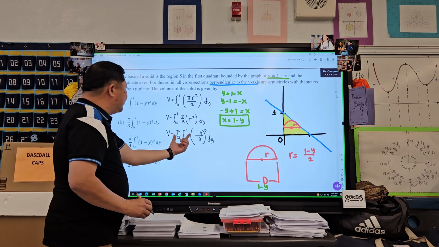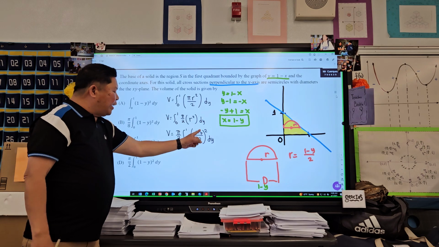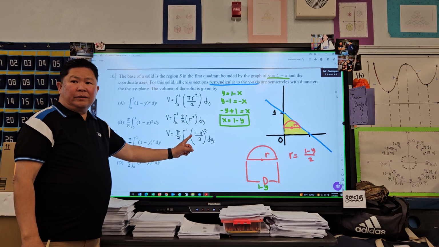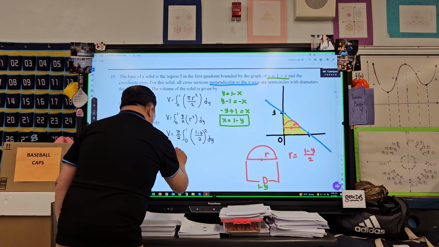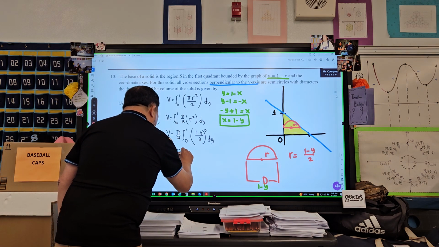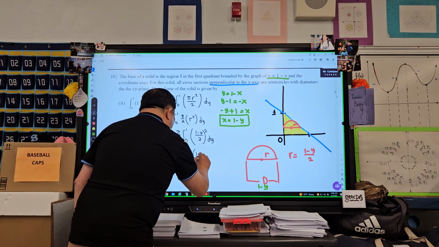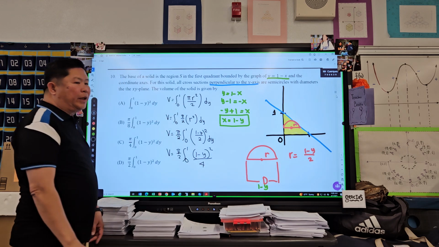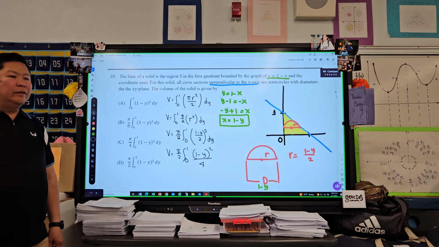And then what happens? Pi over 8. You take out the division by 2 and you put pi over 8. So we're gonna square this first. Am I right, guys? Yep. So volume is equal to pi over 2, the integral from 0 to 1, and this is now written as (1 minus y) squared over 4, because we square the 2.